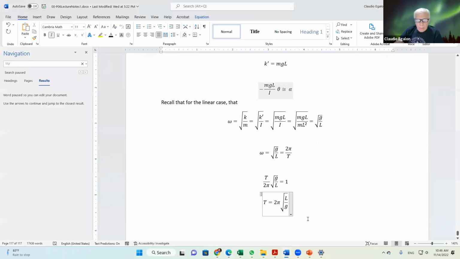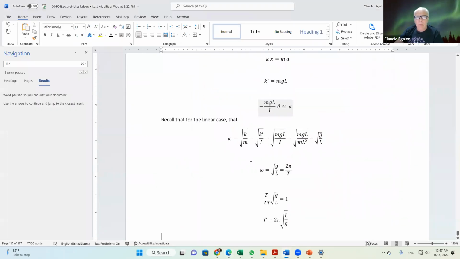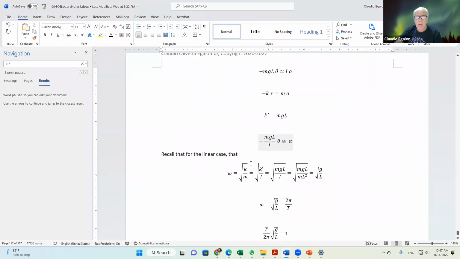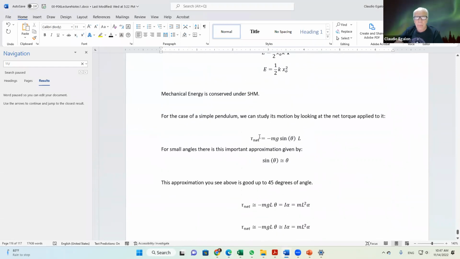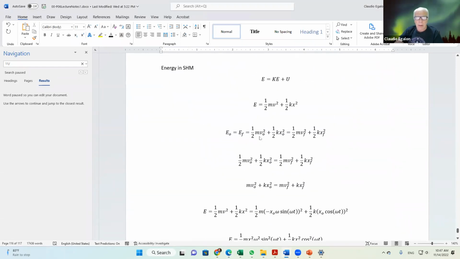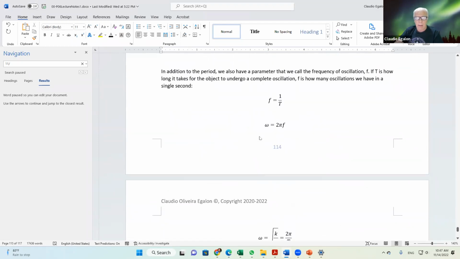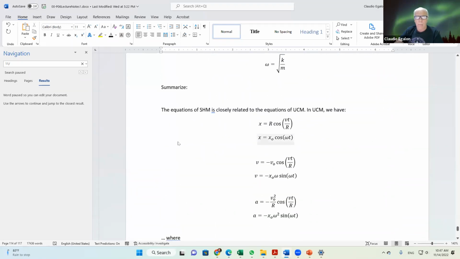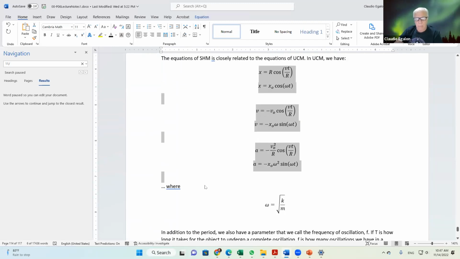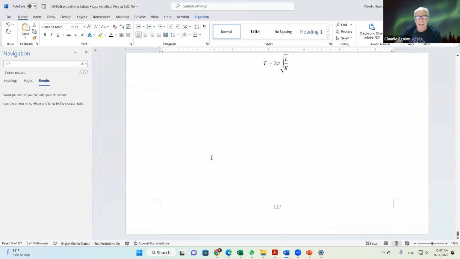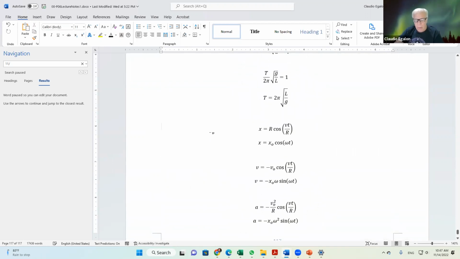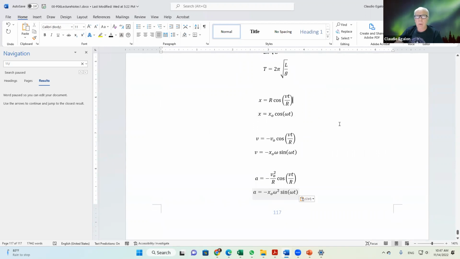If we're going to write the equations here for our simple pendulum, the first one at the top is going to be the circular motion.